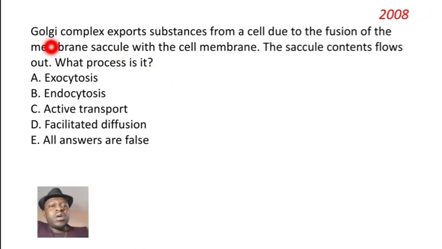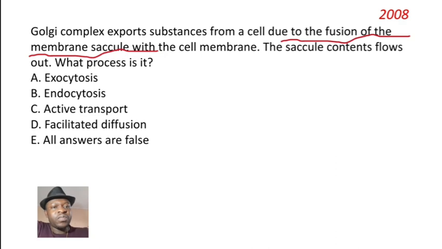Next question. The Golgi complex exports substances from a cell due to fusion of a membrane sac, or vesicle, with the cell membrane. The vesicle contents flow out. What process is it?